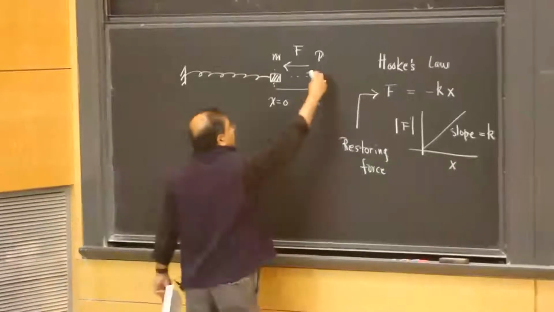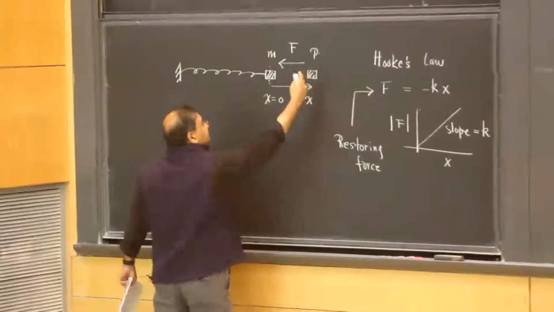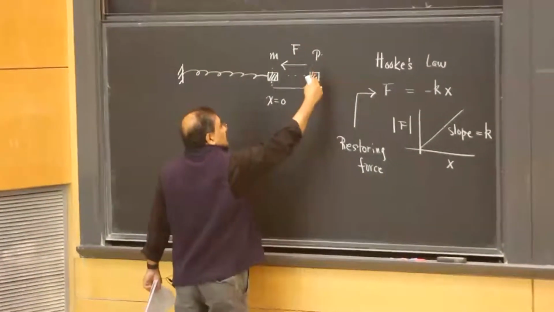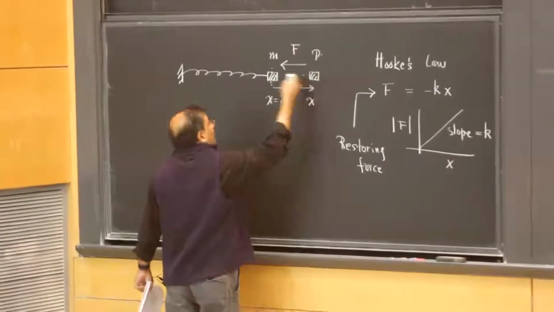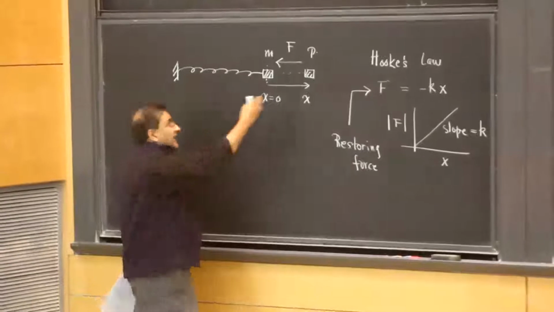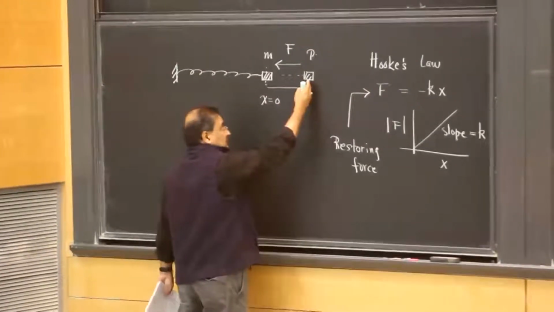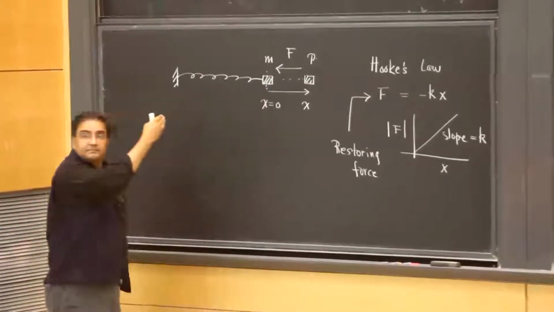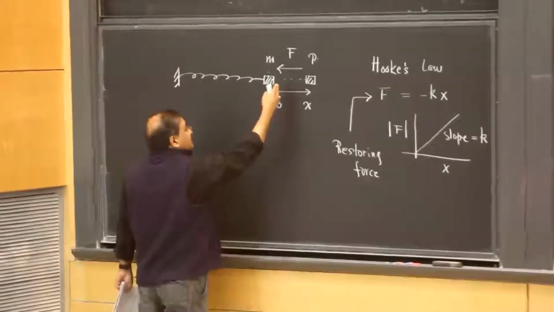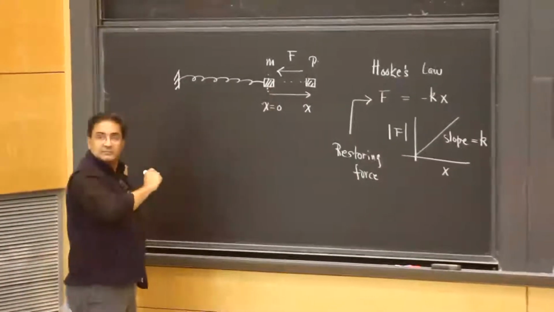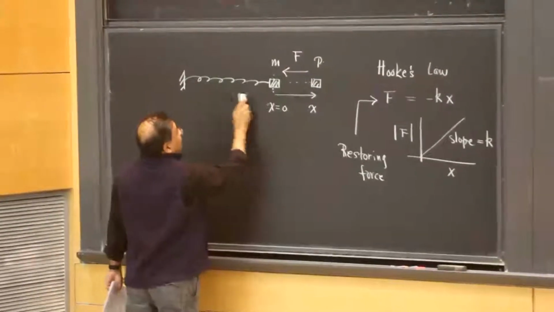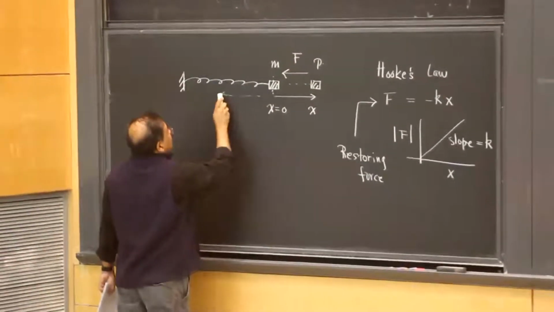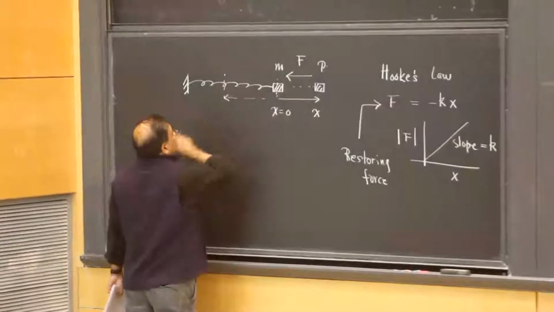So now what happens is that once I let it go, this thing is going to start to go towards the original position. And as it does so, it's going to speed up. And then what happens is, it won't stop here. It will overshoot and end up the exact opposite amount to the stretch in the other direction.